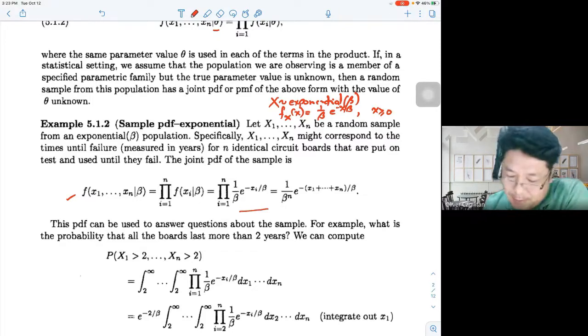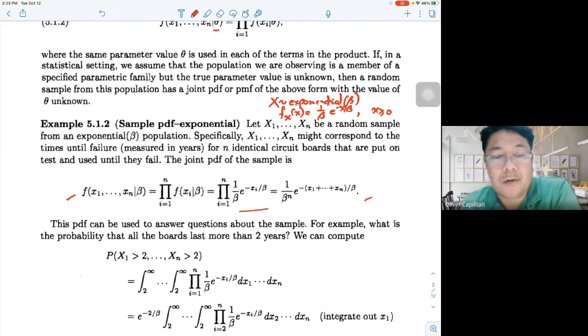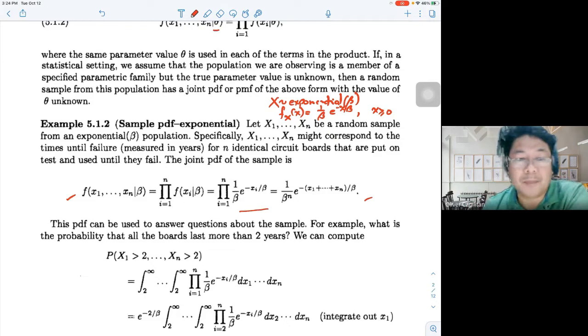Then we obtain this for the probability density function of our random sample.